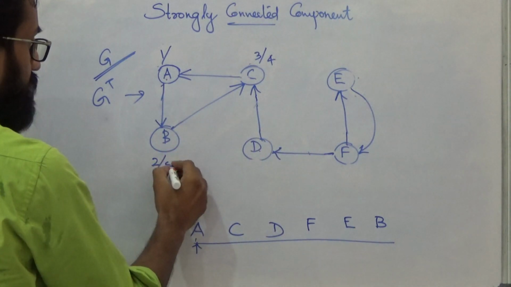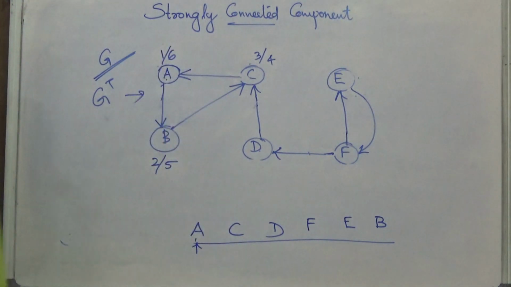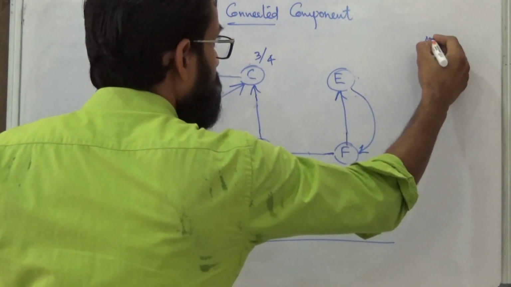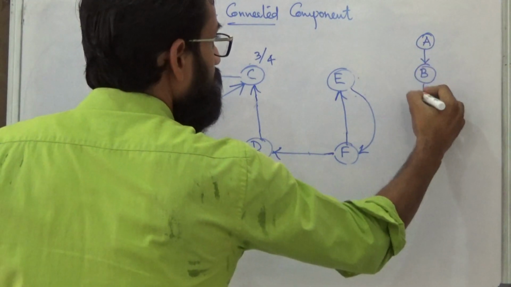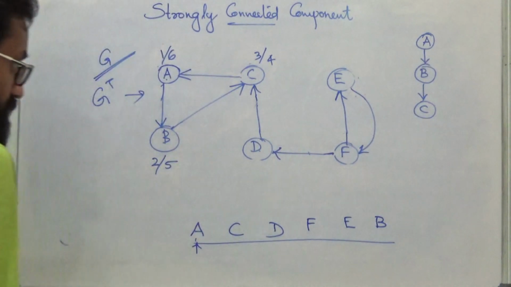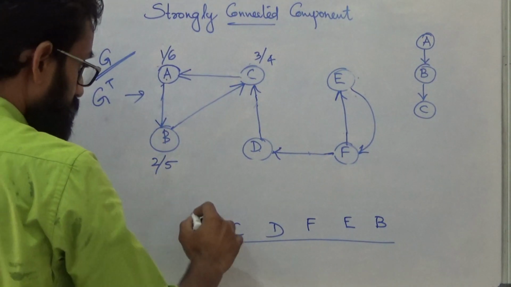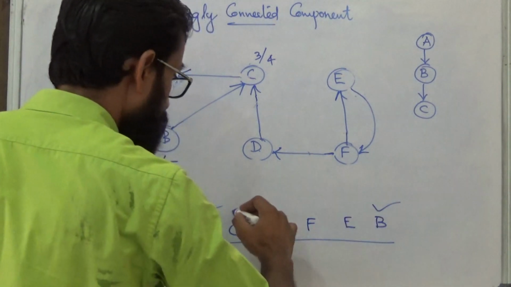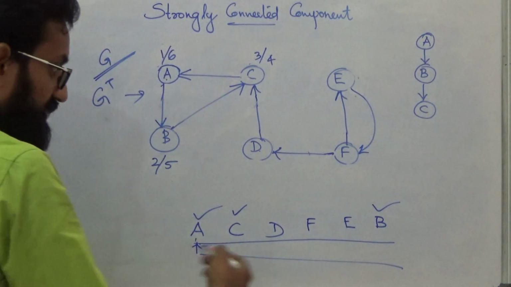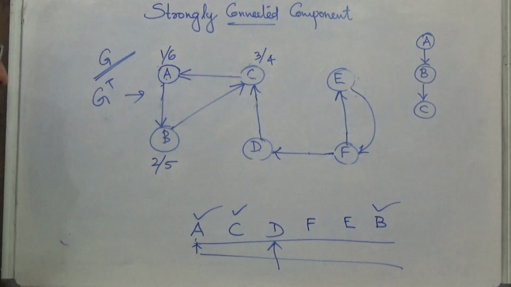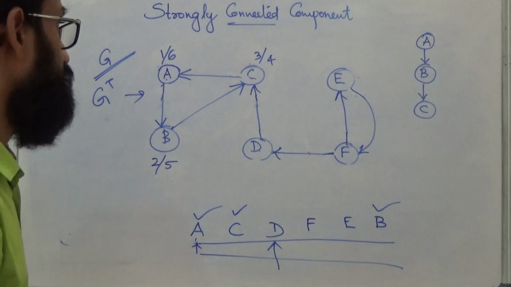From here, no alternate movement, finish it. From here, no alternate movement, finish it. So the DFS tree obtained is A, B, C. So you have visited A, B and C.